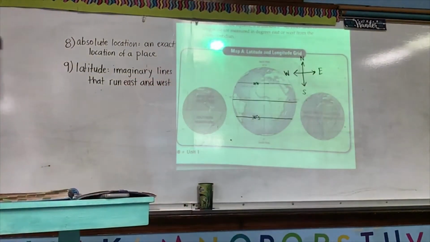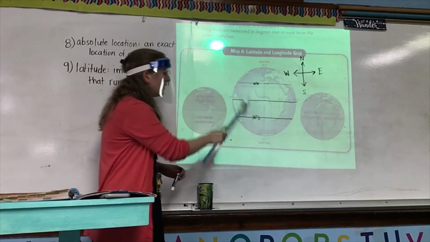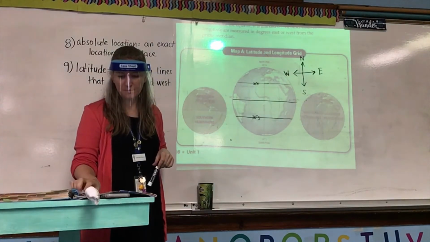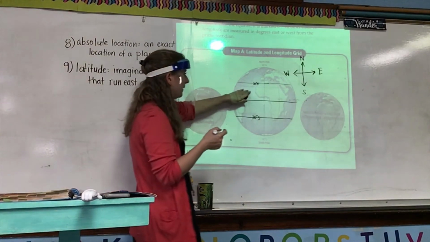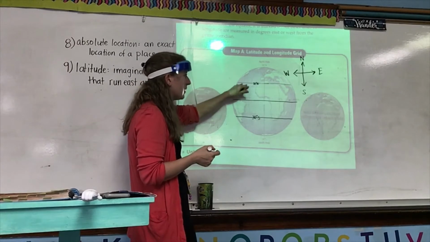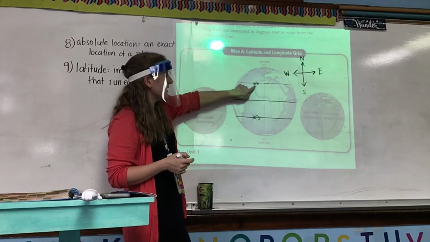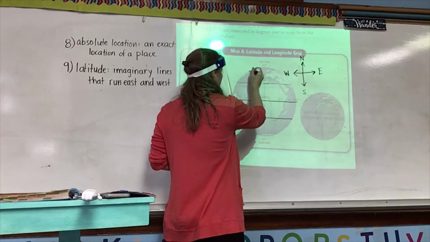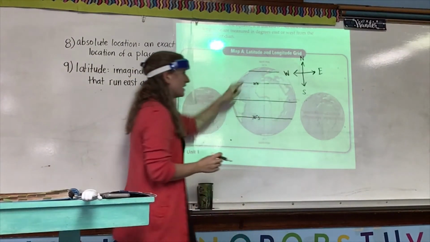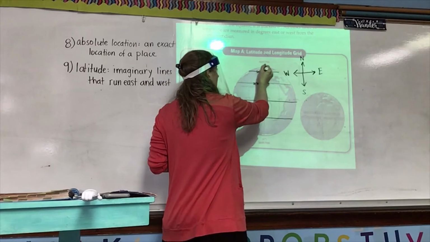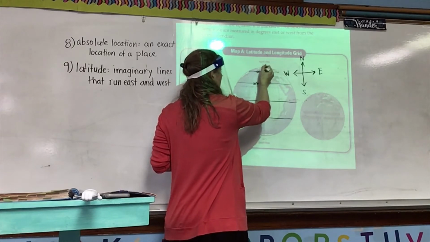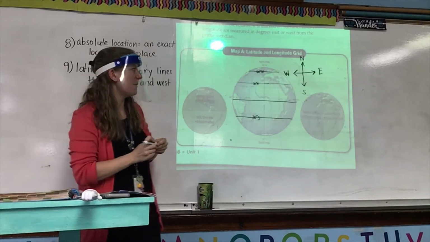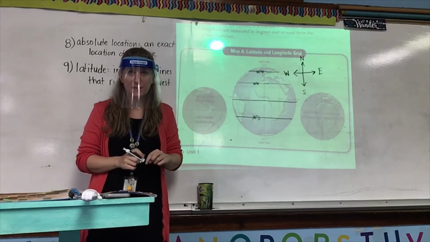Hold on one second. So we know all of these sideways lines are lines of latitude. As we go up, the lines have a number, and it has north because they are north of the equator. If we go up towards the top, we see another line of latitude that is marked north because it is above the equator.